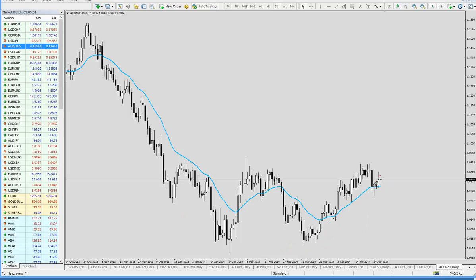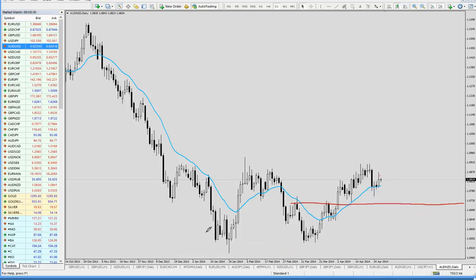The only thing is this 20 daily moving average is trying to go north, so let's see what's going to happen here. Overall, right now fundamentals are in Kiwi's favor. That's the first potential target, so we are going to watch 107.30.